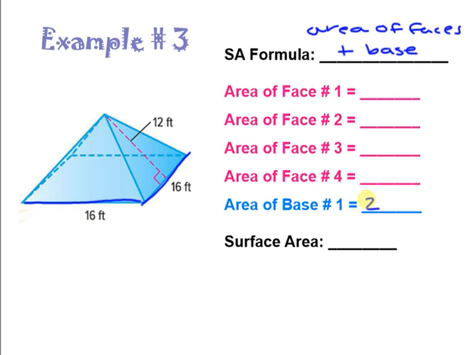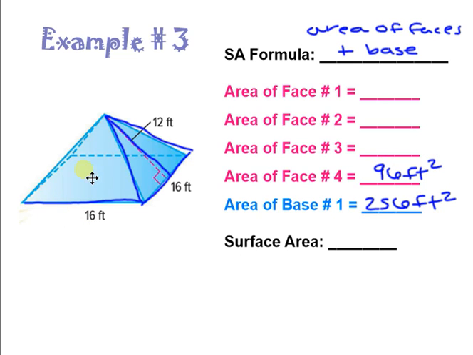That's going to be 256 feet squared. Now I need to work with my triangles on the side. So I have a base of 16 and a height of 12 times 0.5. So 16 times 12 times 0.5. That's going to be 96 feet squared.